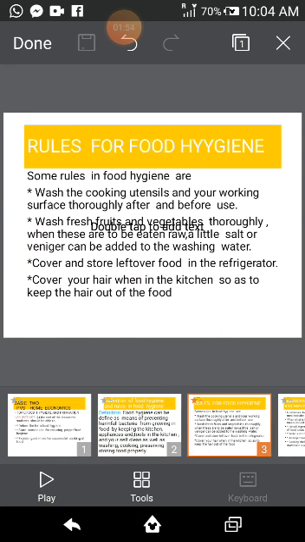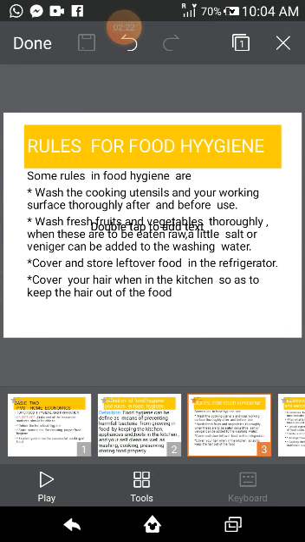Now, we are going to look at rules for food hygiene, or guidelines that can help us to maintain good food hygiene. Some of these rules are: One, we should make sure that our cooking materials and utensils, like cutting boards and other surfaces, are thoroughly cleaned before using them and after using them with hot soapy water.